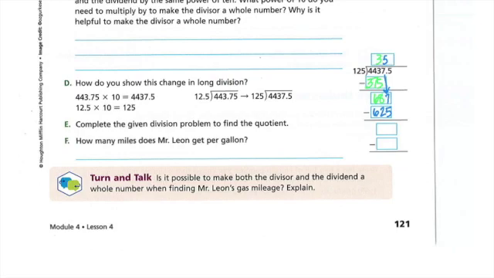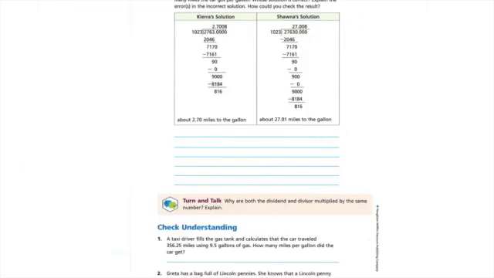Then I'm going to subtract again. Get 62. Bring down this 5. How many times will 125 go into 625? 5 times. It'd be 625, and it's a 0. Then go straight up, and our answer is 35.5 miles per gallon.